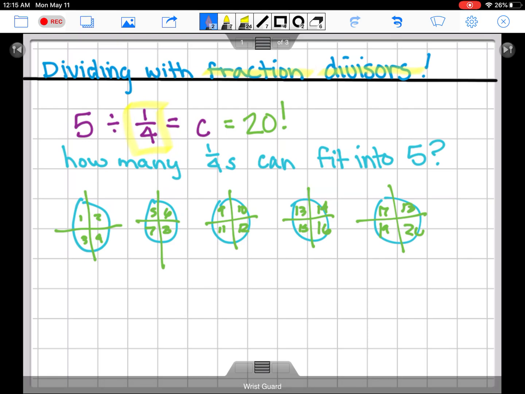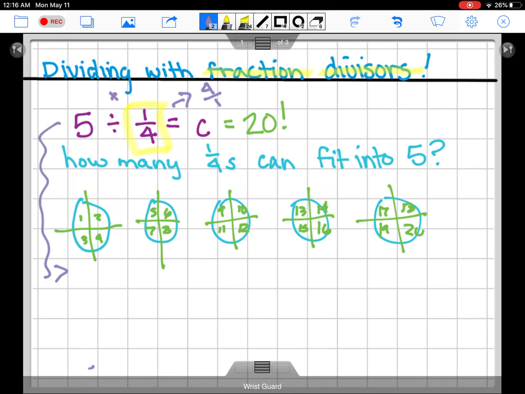So when we use the reciprocal, remember the reciprocal is the multiplicative inverse, which means we're going to multiply by the opposite. So the opposite of 1/4, we just flip it over, it becomes 4/1, and we're going to multiply.